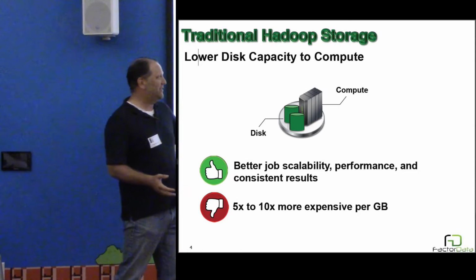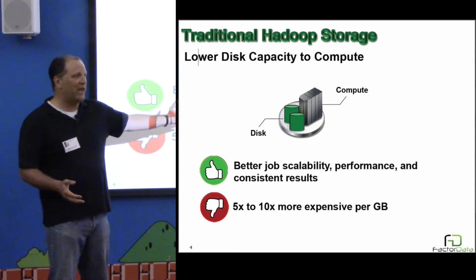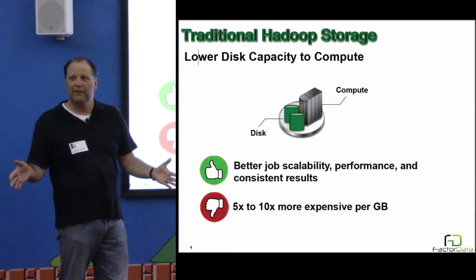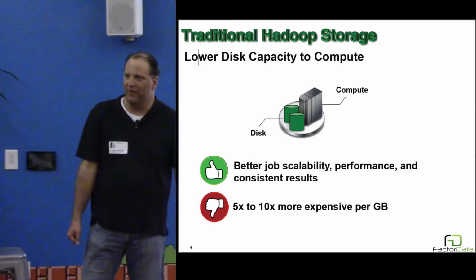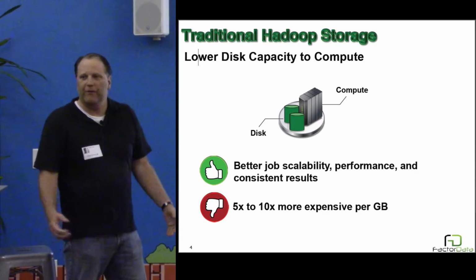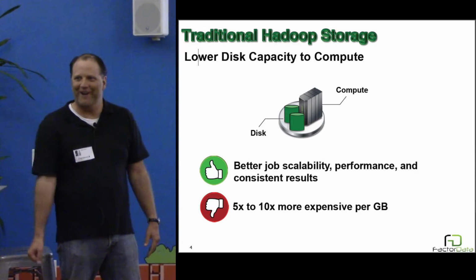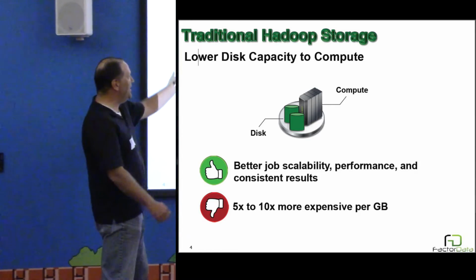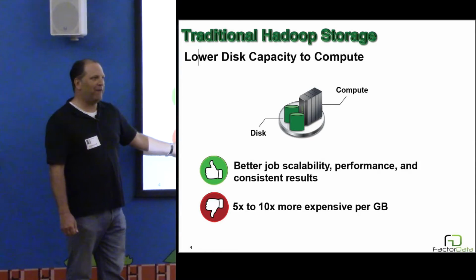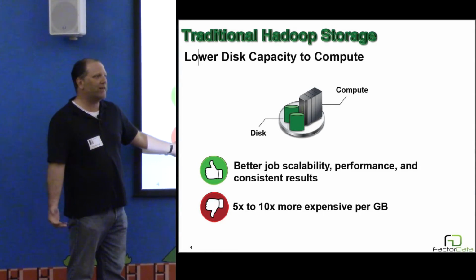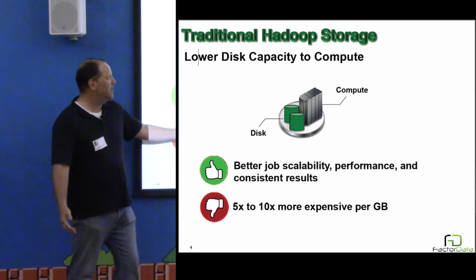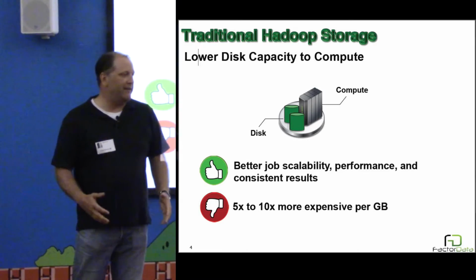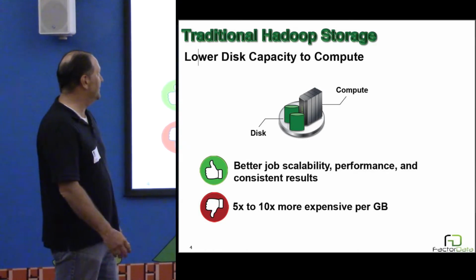Why? Because it's very good for job scalability, for job performance, and you get pretty consistent results because you're not waiting and queuing up for your jobs when you're doing billions of transactions to Hadoop, right, guys? So that's good. The bad news is it's about 5 to 10 times more expensive per gigabyte because you have so little capacity for every compute and data node that you put into your environment.